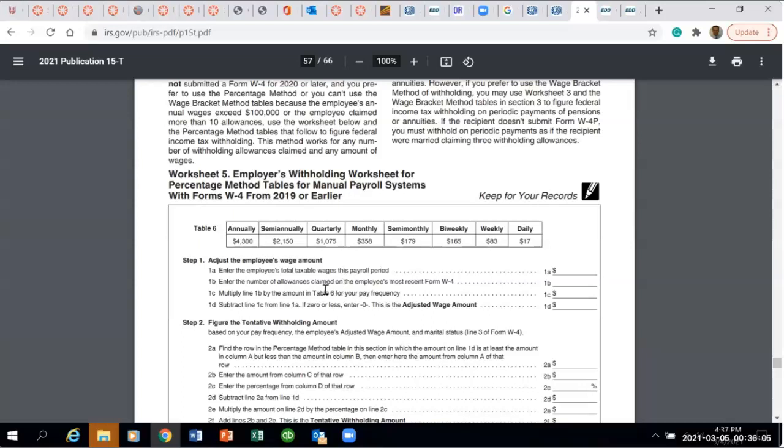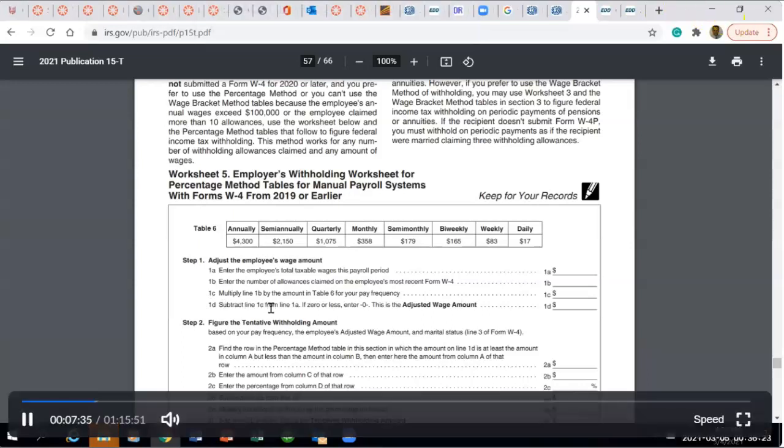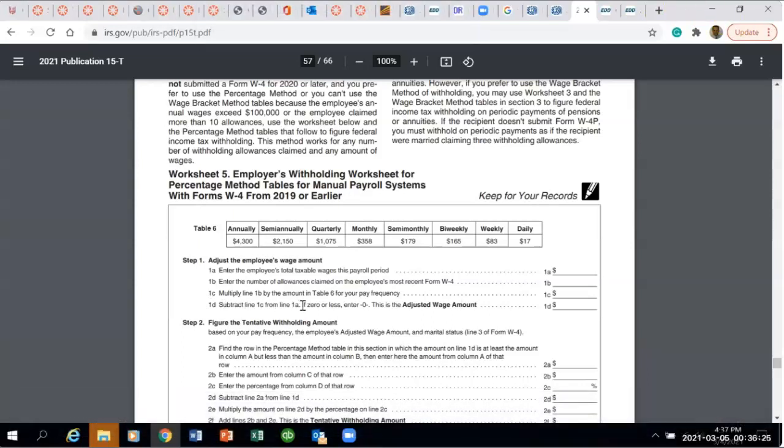So depending on whether you are monthly, quarterly, semi-monthly or weekly, you put that amount there, and multiplying by the number of allowances gives you a number. Then it says subtract line 1C from line 1A. If 0 or less, enter 0.